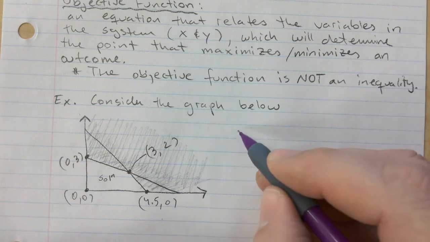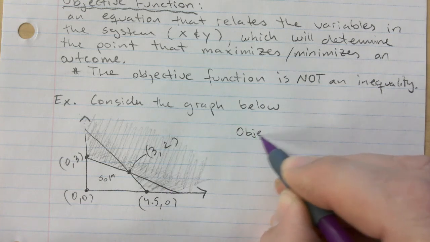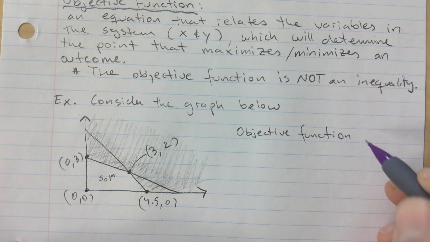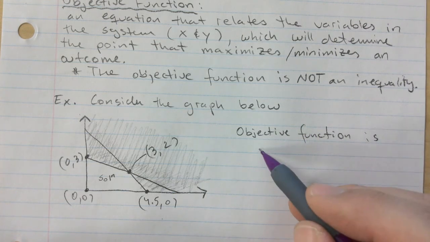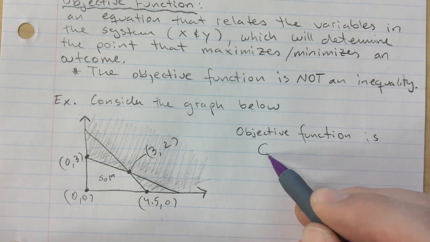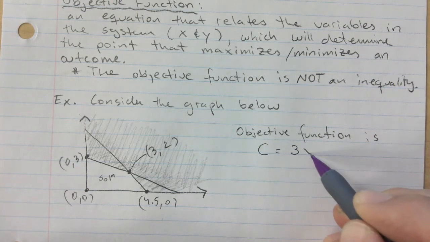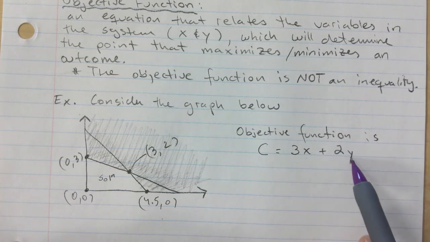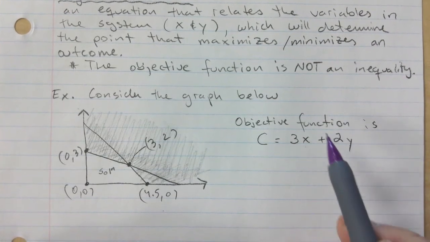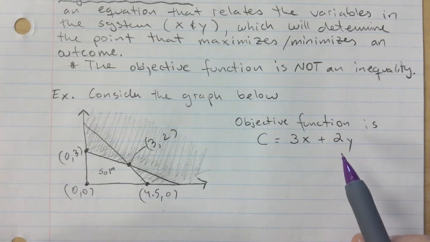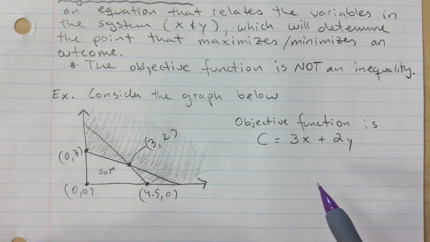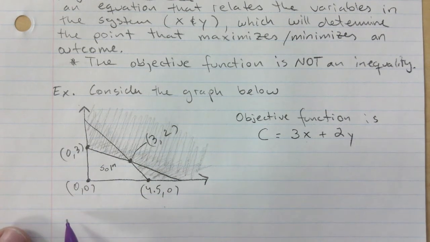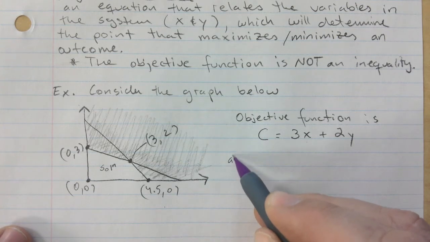Consider the graph below. If the objective function is, this is what it always looks like. It usually has a capital letter and it has coefficients in front of both of the variables in question. Okay. So we will do A here.